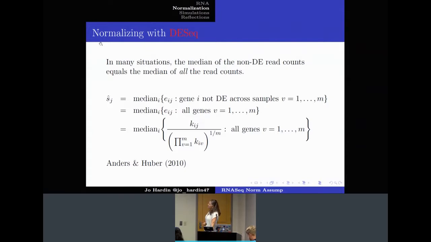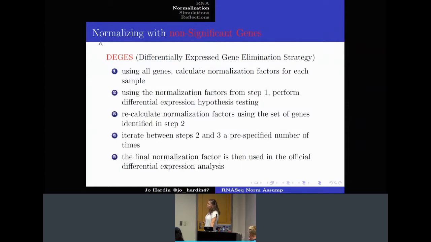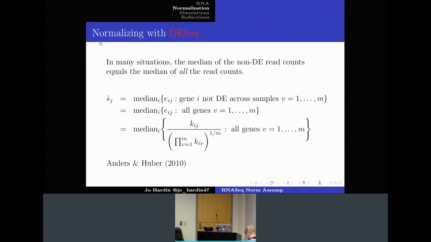Okay, so this is DESeq. There are also other ways of trying to get around the differentially expressed genes. So this is an algorithm step to figure out which are the differentially expressed genes, then find the median, then test again, find the median, test again, right? So kind of going back and forth with normalization and differentially expressed genes, so that we can figure out which ones are the non-differentially expressed genes.